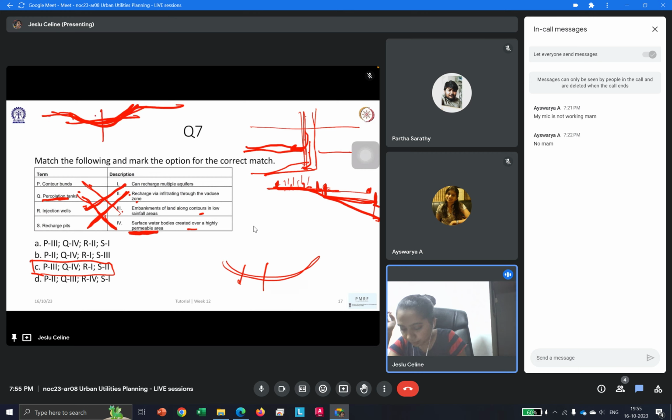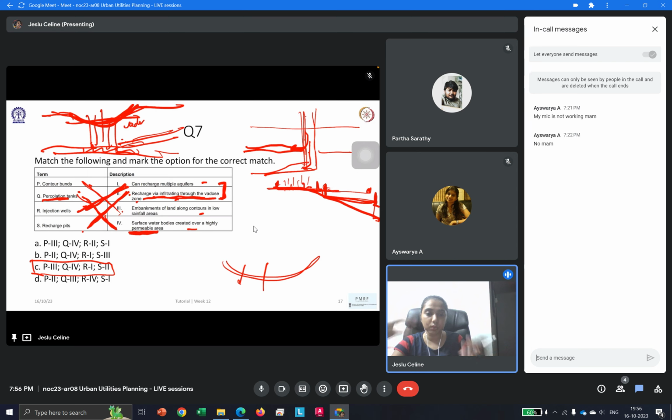Whatever percolates goes into this particular aquifer. It recharges and also infiltrates through the Vadose zone and then goes down. It is possible that in certain cases multiple aquifers are joined over here. But looking at the two options, injection well is mainly used to recharge multiple aquifers, and with a recharge pit you infiltrate through the Vadose zone and then go into one aquifer. So option C is the answer.